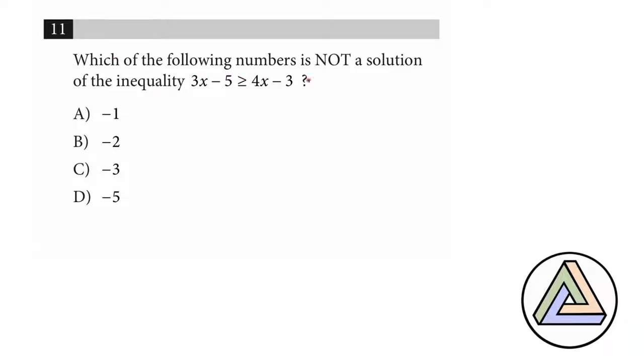Which of the following numbers is not a solution of the inequality? Well, what I would do is solve this inequality first, and in a way, you treat it like a normal equation. I'm going to keep the x's on the left.